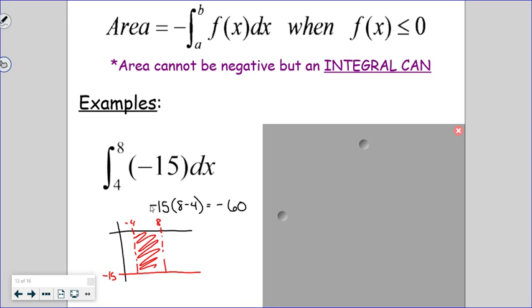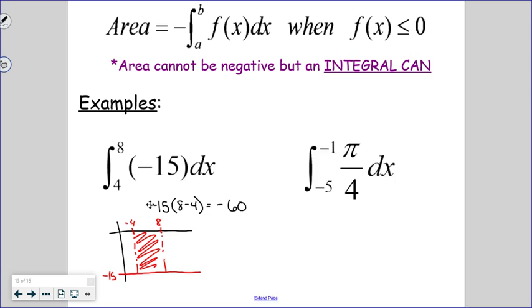Okay. The next one is not trying to trick you, but just to show you that just because we are finding the area in a negative section of our x-axis, asking you to do the integral of pi over 4 from negative 5 to negative 1 does not automatically make our area negative. Pi over 4 is just a constant, right? I know pi looks like our variable, but it is just a number. So we're supposed to be finding the area between that and our x-axis from -5 to -1.